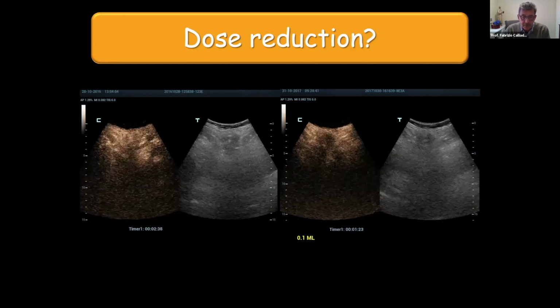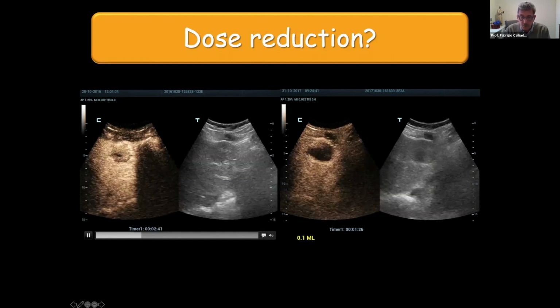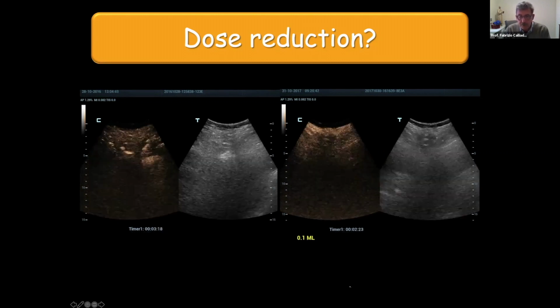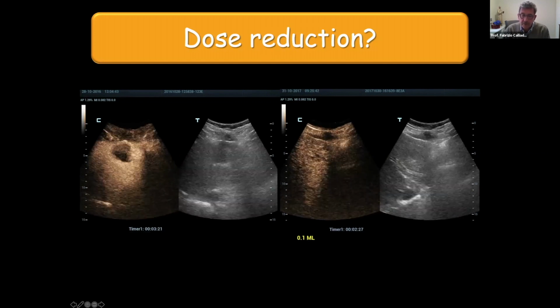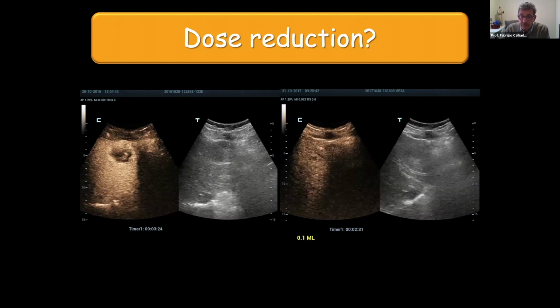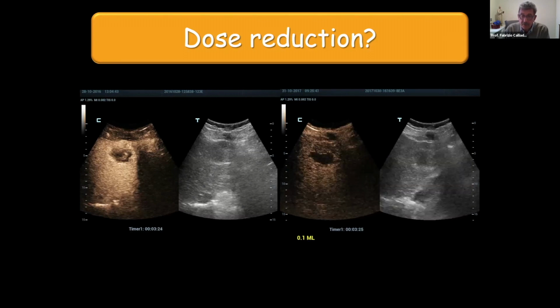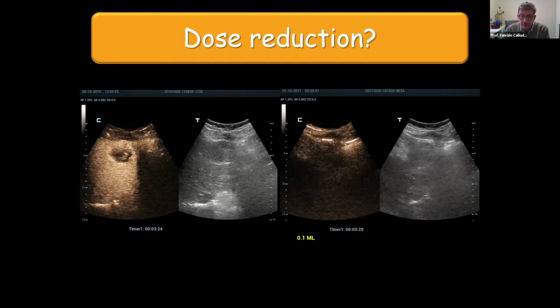And at 2 minutes here, 1 milliliter, and 1 minute 28, and 2 minutes 24 at 0.1 milliliter, the semiology of the lesion is absolutely visible and recognizable, even at 0.1 milliliter. So why use more?